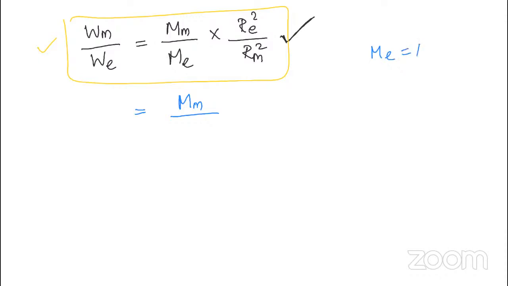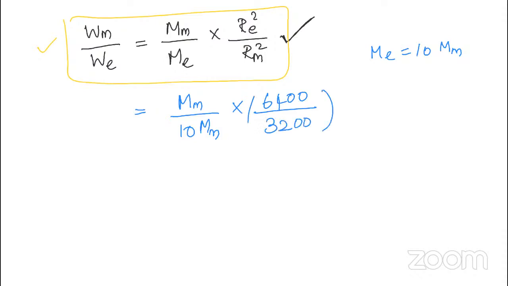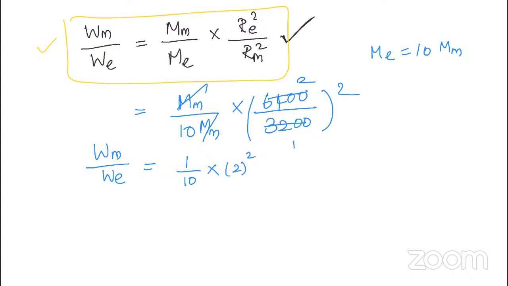It is 10 times M M. So 10 into M M. The value of R E is 6,400 and R M is 3,200, both squared. So M M over 10 M M, and R E over R M is 2, squared. That is 1 by 10 into 4, which is 4 by 10, that is 2 by 5.